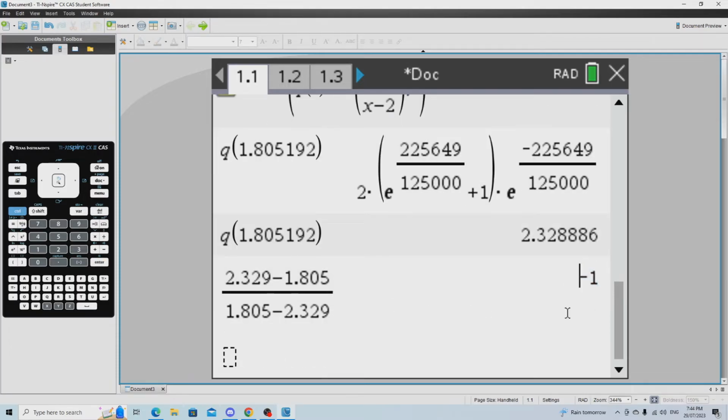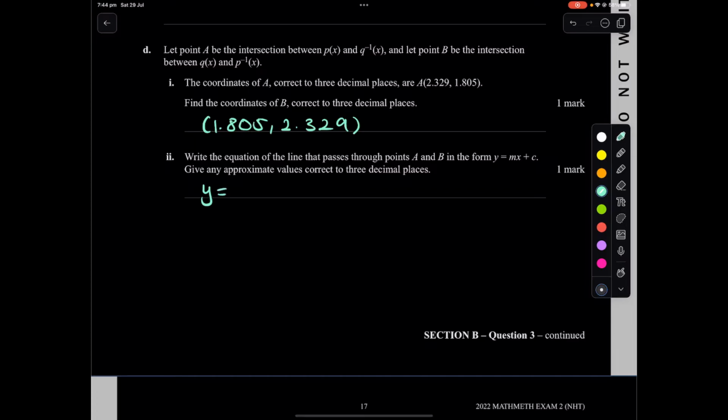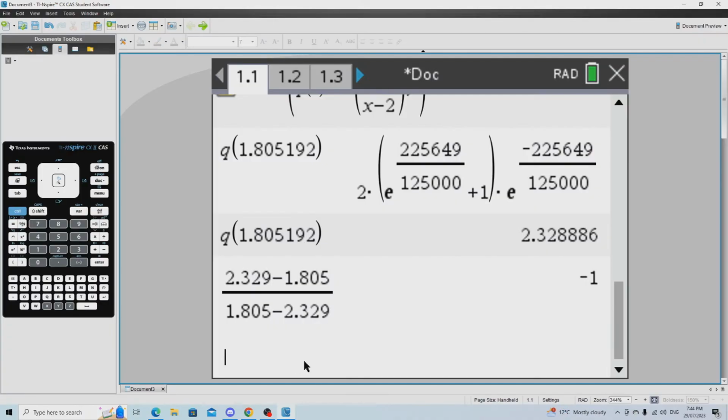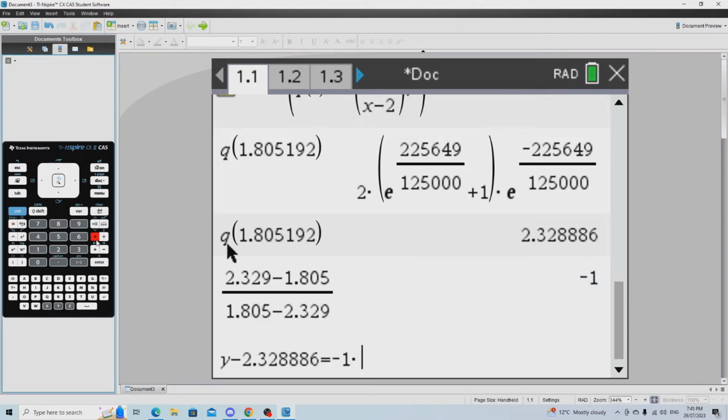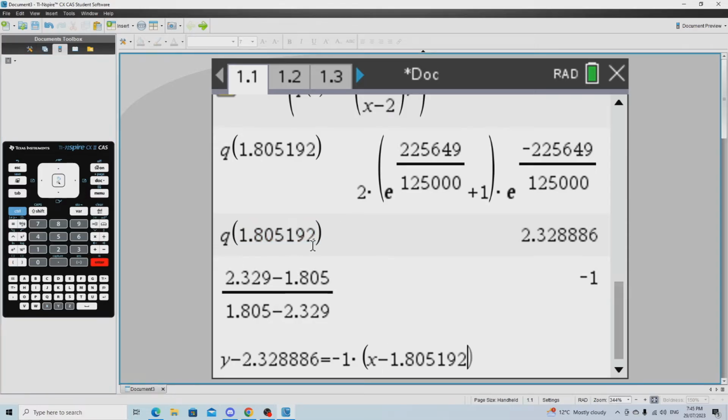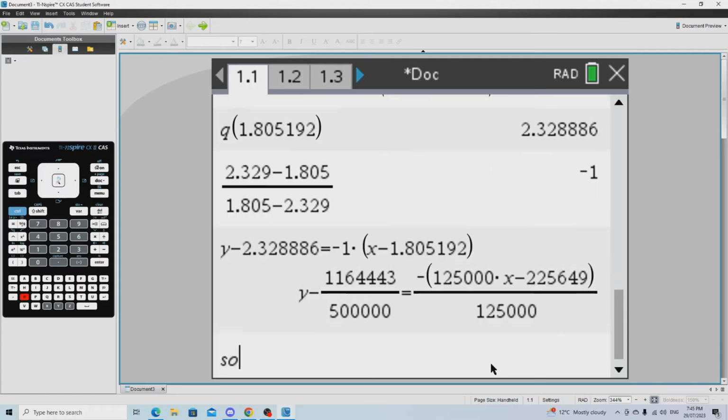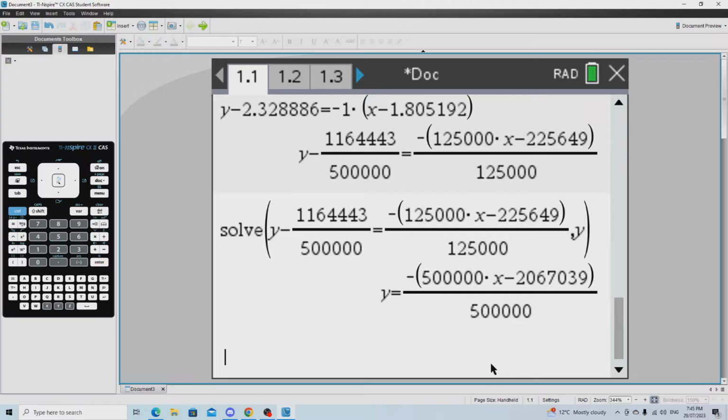So we can say y equals negative x plus a value of c. To calculate that c value, we normally say y minus the value of your intercept equals negative 1 times x minus your value over here, and we get this. Then we want to solve this function for y. Control enter.